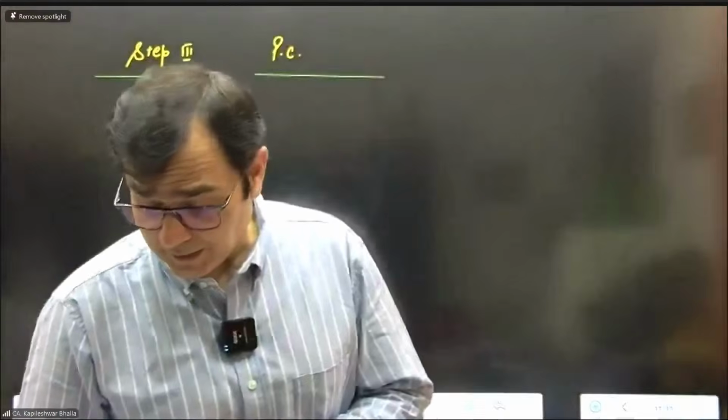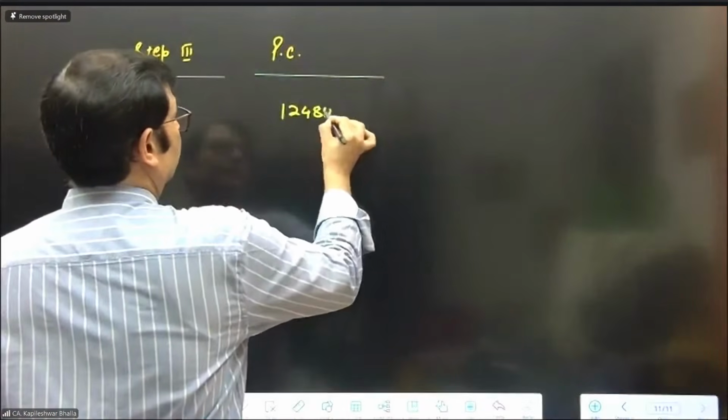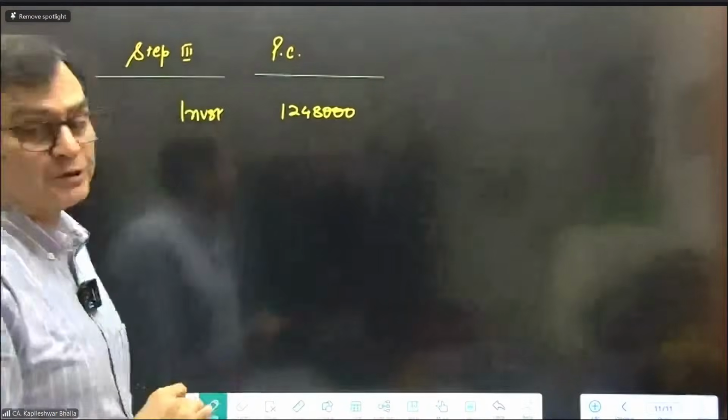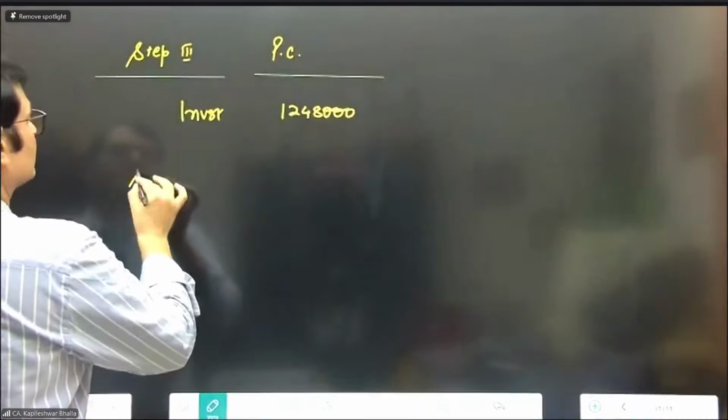So there are no omissions, no 7 issues involved, and there is no outside investment as well. It's given in the balance sheet clearly, 12,48,000. This is the investment which is appearing in the balance sheet of the parent. Okay, then let's go to step number 4.